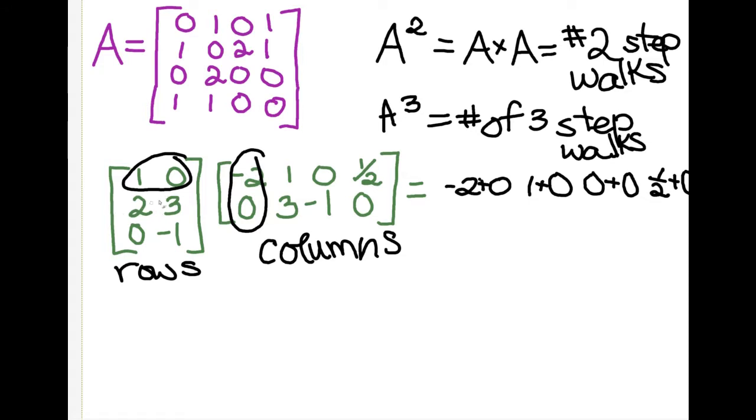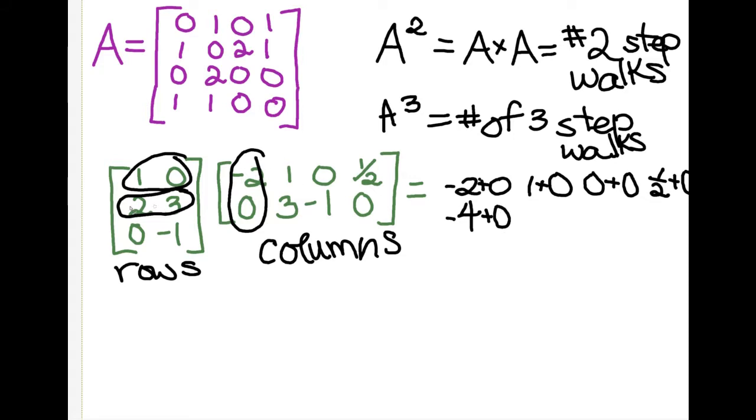Now I'm ready to move to the second row of this matrix and also of our answer. So now, instead of using the 1 and the 0, I'm using the 2 and the 3. So 2 times minus 2 is minus 4. 3 times 0 is 0.